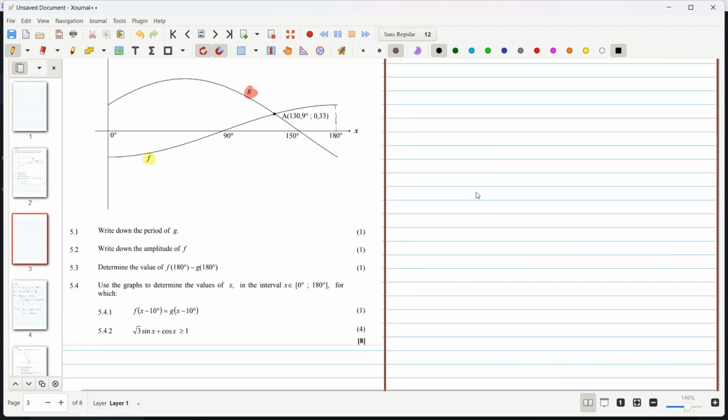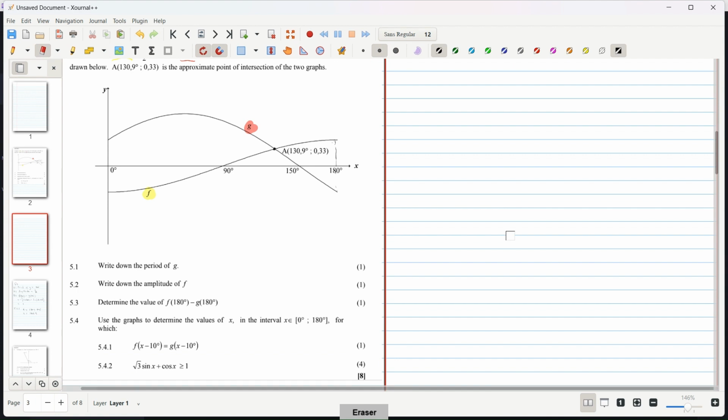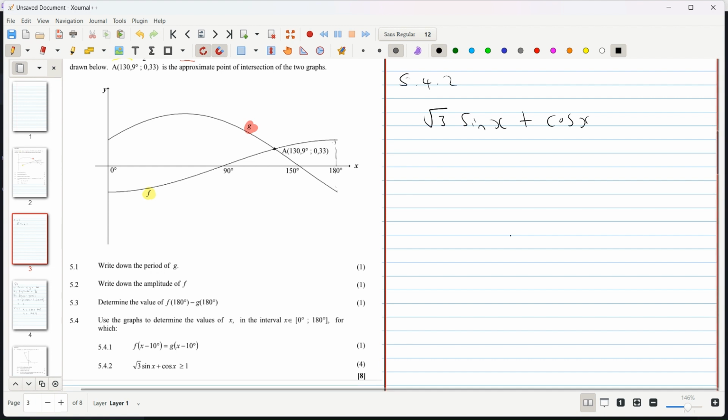So moving forward to the next one. For 5.4.2, we have the square root of 3 sine x plus cos x greater than or equal to 1.